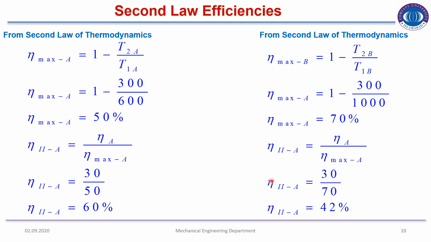So to calculate second law efficiency for heat engine B, we take the ratio of actual efficiency and maximum efficiency. So the second law efficiency for heat engine B is 42%.